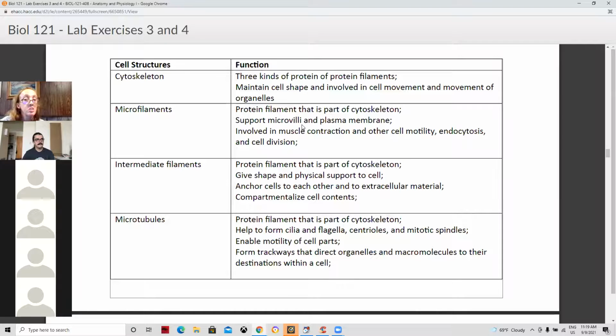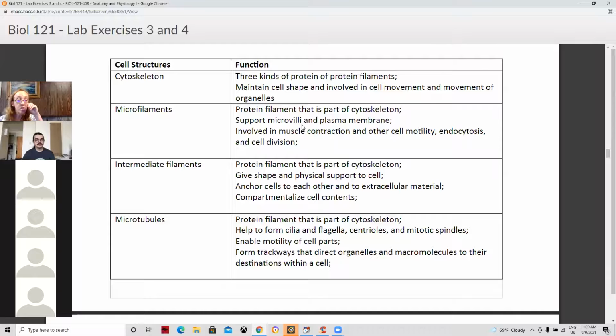So endocytosis is to bring something inside the cell. And we'll talk about that more in a second here. So microfilaments are involved in muscle contraction, other cell movement, endocytosis, bringing things within the cell, and cell division, being able to divide cells.